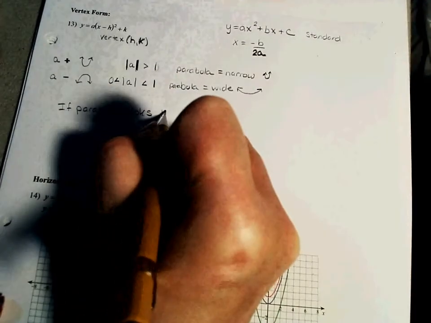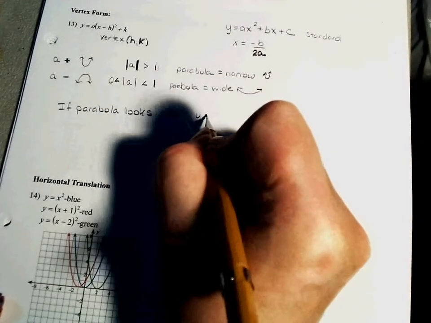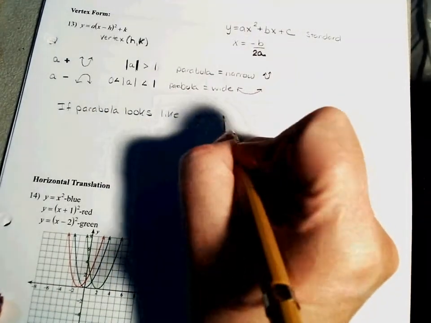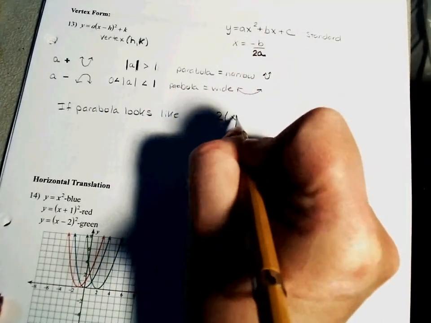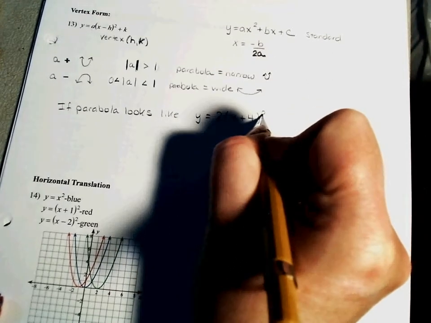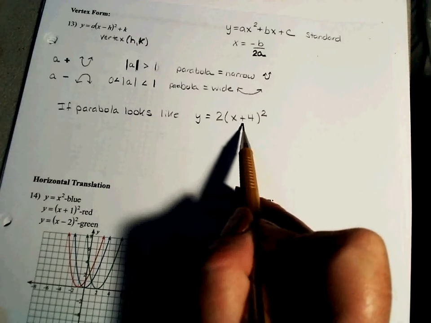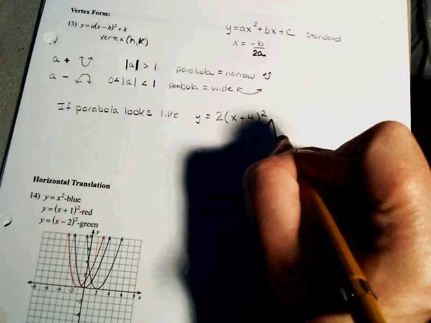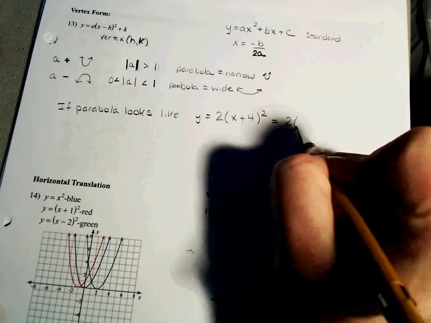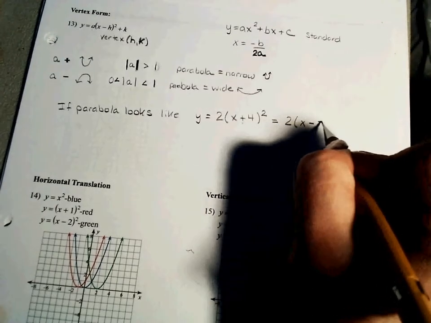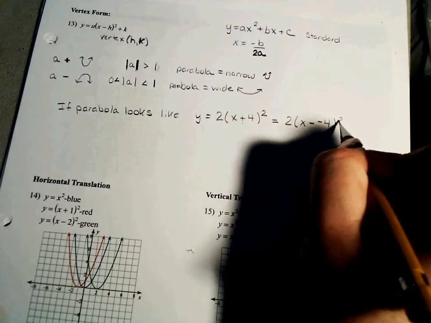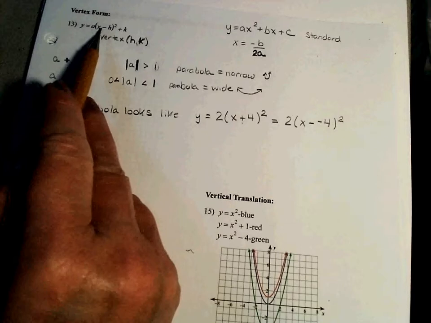If the parabola looks like y equals, I'll just make up some number, 2x plus 4 squared, if there is a positive in there, in your brain I want you to think of it like this, because I said it has to be a negative there.